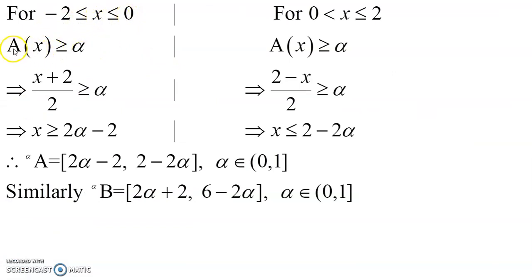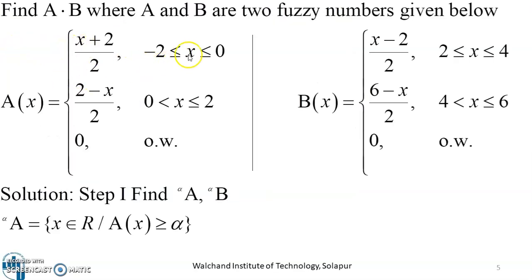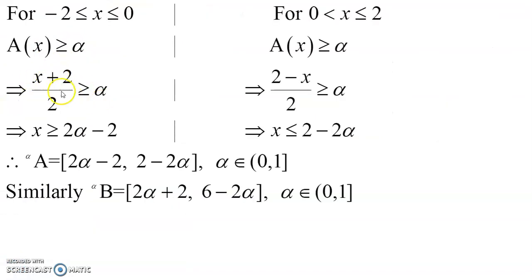In this range, let us consider the restriction A of x greater than or equal to alpha, and here for this range A of x is defined like (x plus 2) divided by 2 greater than or equal to alpha. Now writing the restriction for x, we get x greater than or equal to 2 alpha minus 2.